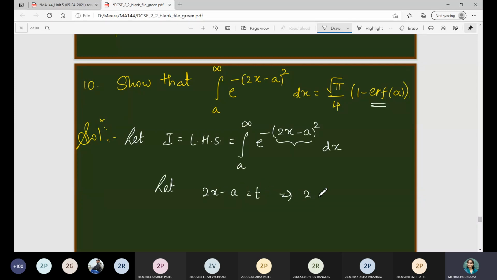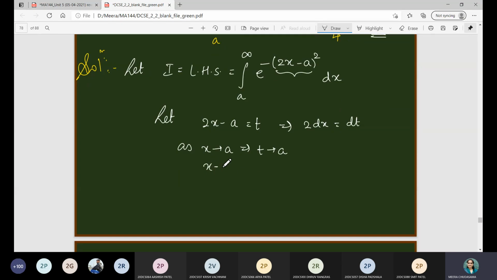So implies 2 dx will be what? dt. Directly derivative will be there. And what will be corresponding limits? So as x tends to a, so 2a minus a, so t will be tending to a, right? And as x tends to infinity, so 2 into infinity minus a will be also tending to infinity, right?